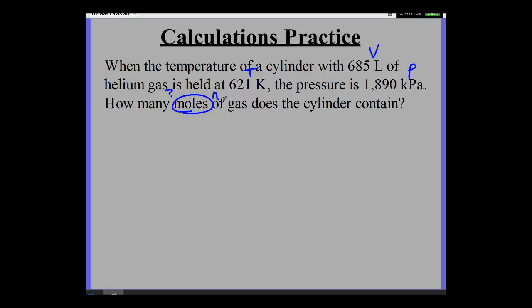So I'm going to use number 2. I only use number 3 when there's 2 of the same letter. I don't have any one twice, so I'm going to use number 2: PV equals nRT.